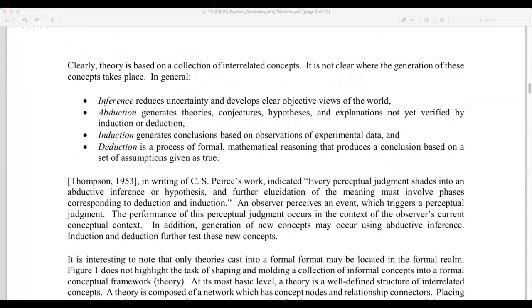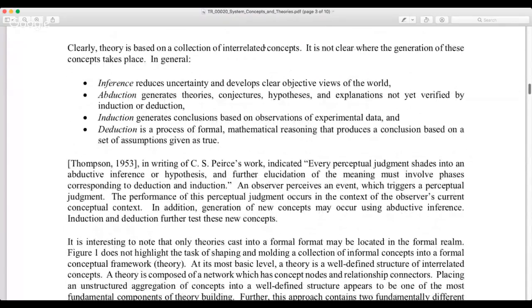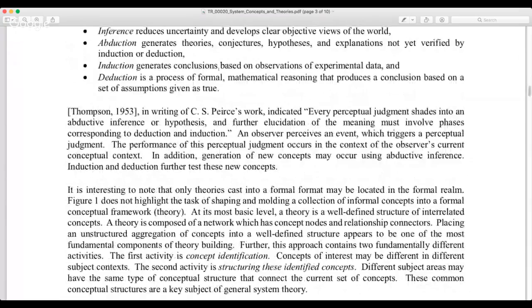A short quote here from some of Peirce's work: every perceptual judgment shades into an abductive inference or hypothesis, and further elucidation of the meaning must involve phases corresponding to deduction and induction.